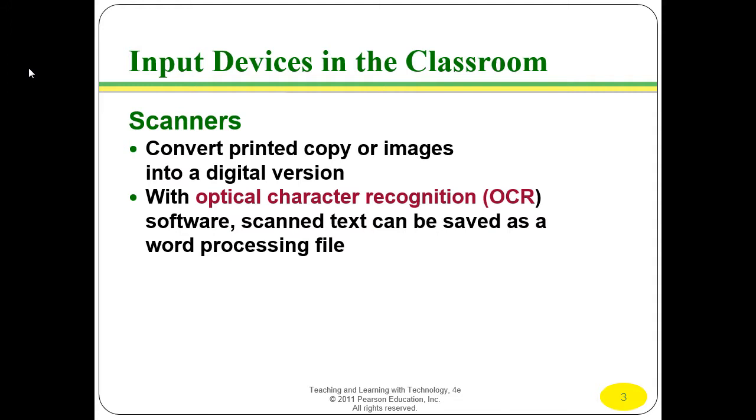With the OCR software, it'll recognize the letters and then convert it into a form that we can pull into word processing software and do any kind of editing, manipulation that we want to do with it, and then save it again as a word processing file, using whatever format we are, and then distribute it, print it, do whatever we want with it.